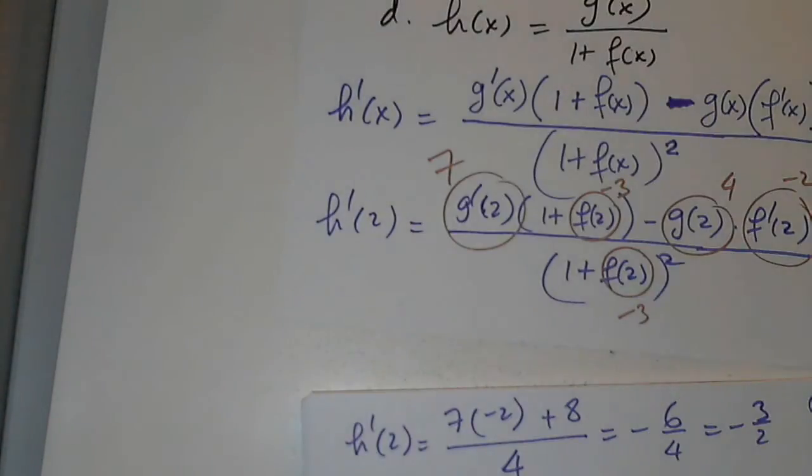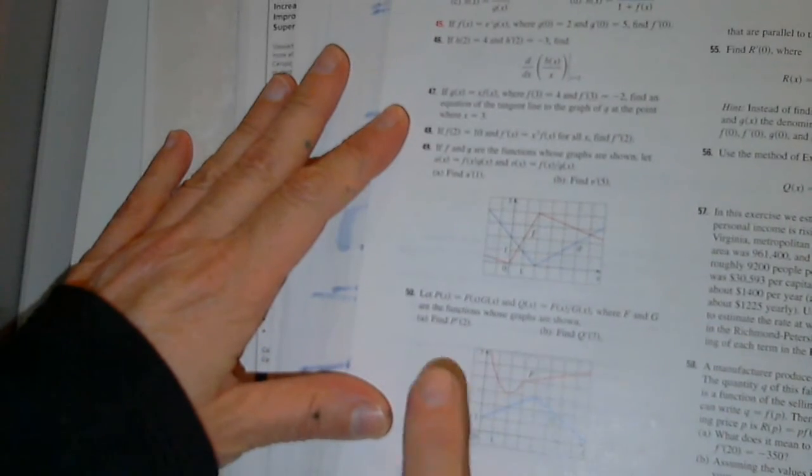Perfect. Okay. So, which one? 49 or 50? 50, perfect. 50 it is. Part A or part B? Part A? Yes? Or part B?